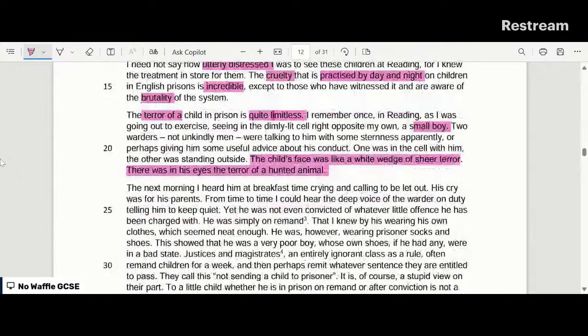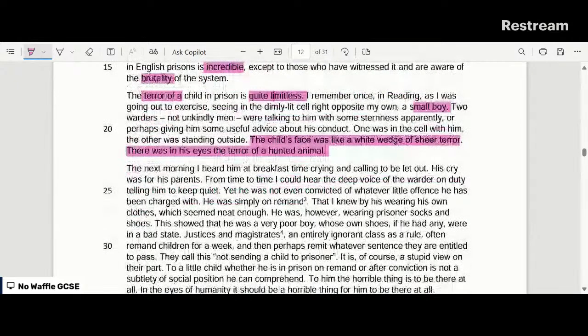and abused effectively. Okay, the next morning I heard him at breakfast time crying, calling to be let out. His cry was for his parents. From time to time I could hear the deep voice of the warder on duty telling him to keep quiet. Yet he was not even convicted of whatever little offence he has been charged with. Again, little.